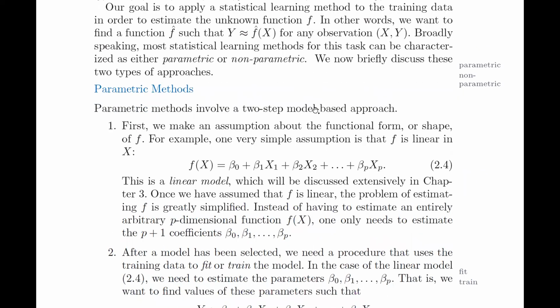And the book is reminding us time and time again, our goal is to apply statistical learning to the training data in order to estimate the unknown function f. In other words, we want to find a function, and we're going to read this as f hat, such that the true y value, the true output, is approximately f hat x.